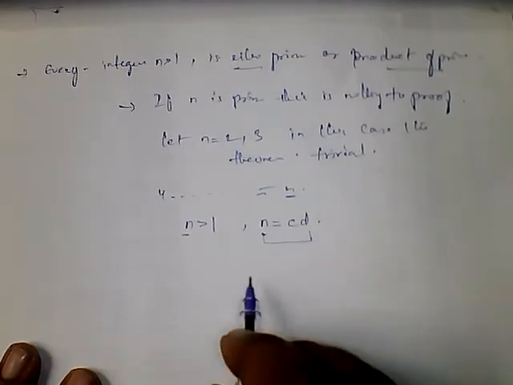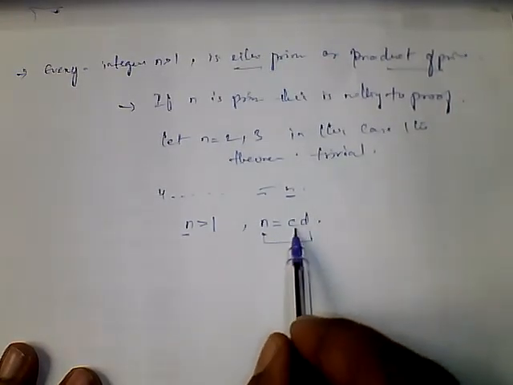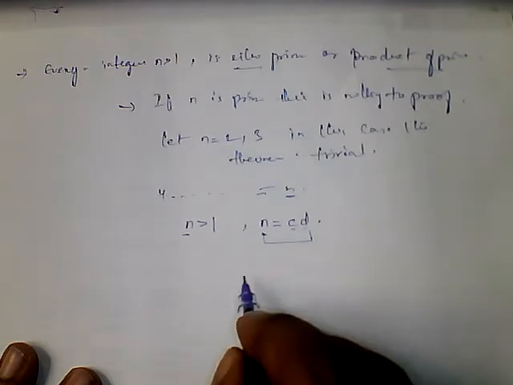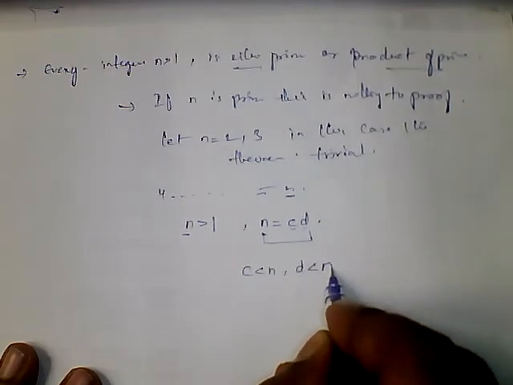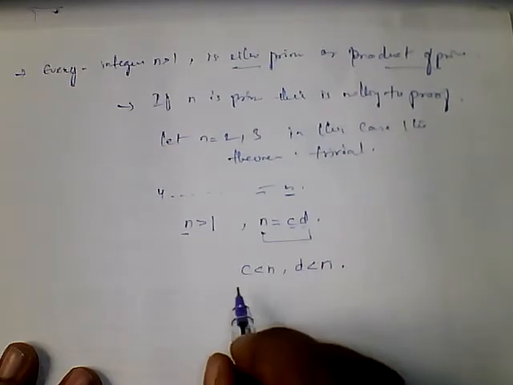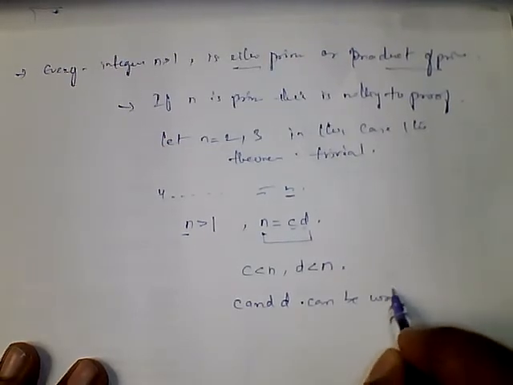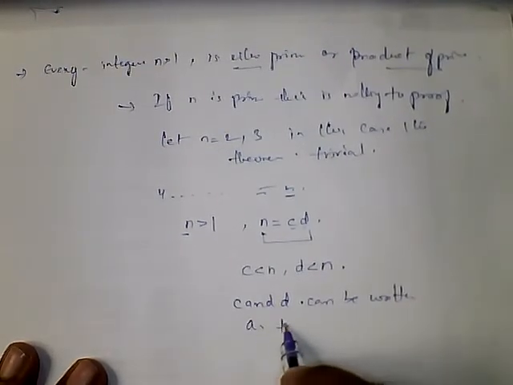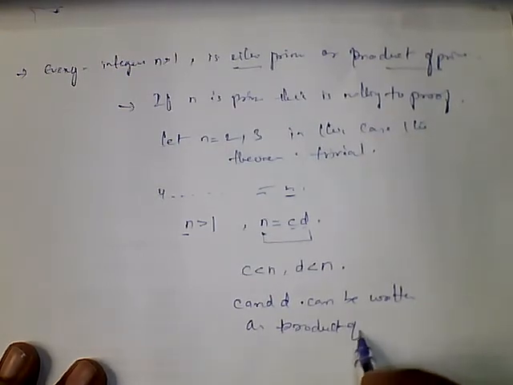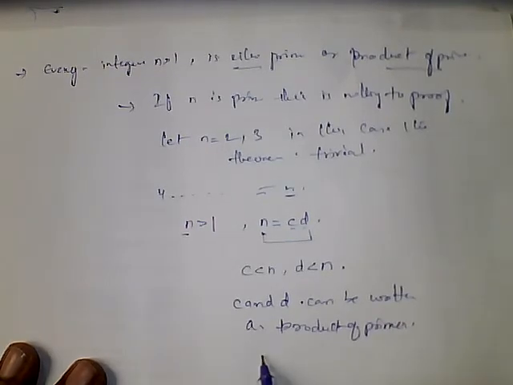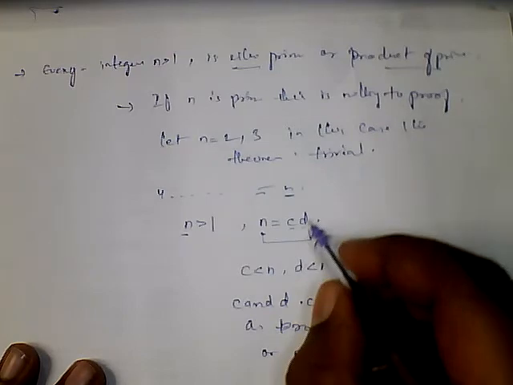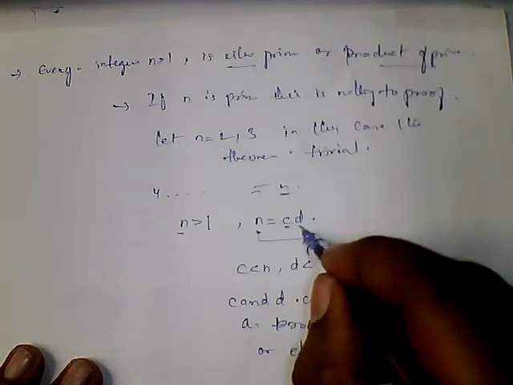Now by the induction assumption, we can write C and D separately. C is less than n and D is also less than n. From here, both C and D can be written as a product of primes, or else, C and D might be prime.